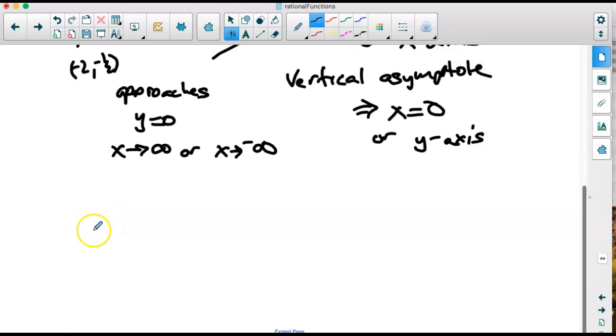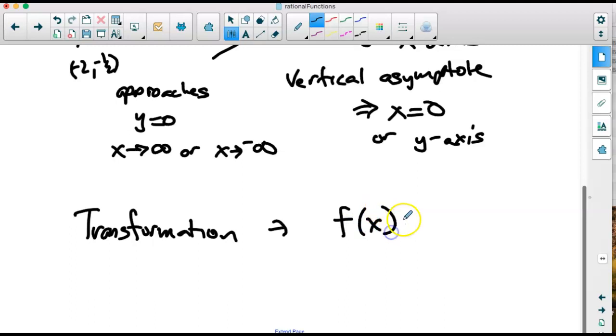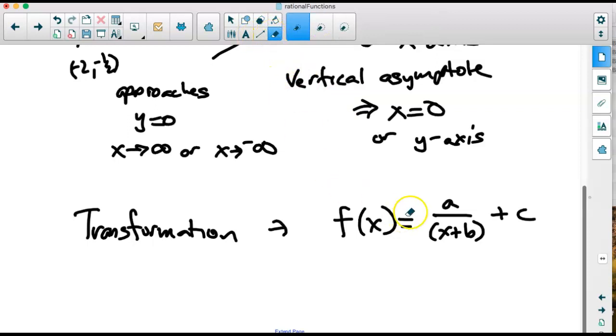So that we can write those transformations, we can write them like this: f of x equals a over x minus b plus c. Actually, this is going to be a minus down here.